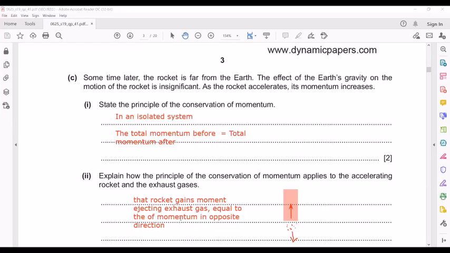The rocket is gaining momentum, exhaust gases equal to the momentum, but they are equal in magnitude but opposite in direction.